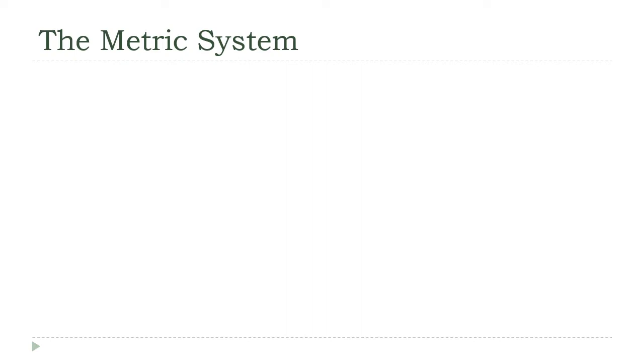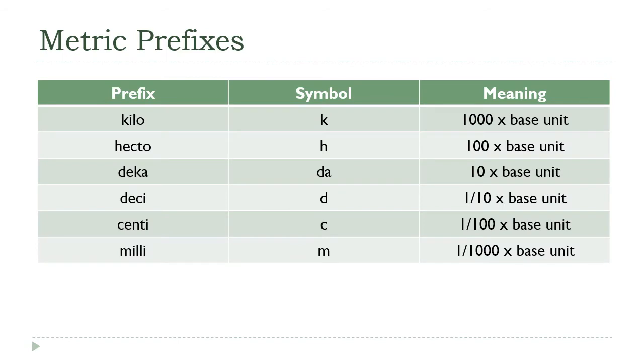All right, so here's the basic idea. The metric system is based on a list of prefixes that get put in front of the base unit. For example, the base unit for measuring lengths is the meter. So we can talk about kilometers, hectometers, decameters, the original meters themselves, decimeters, centimeters, and millimeters.